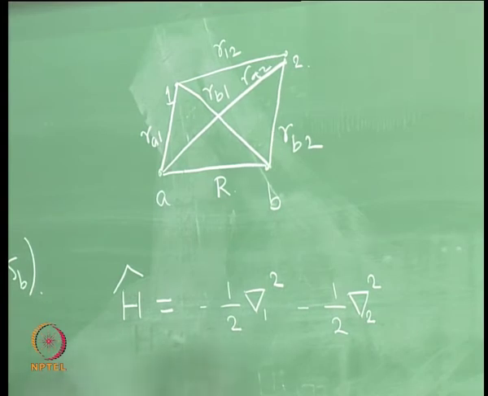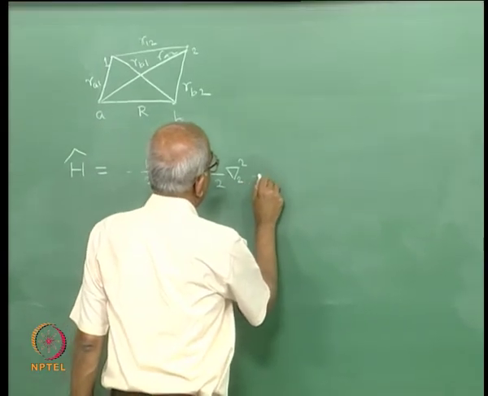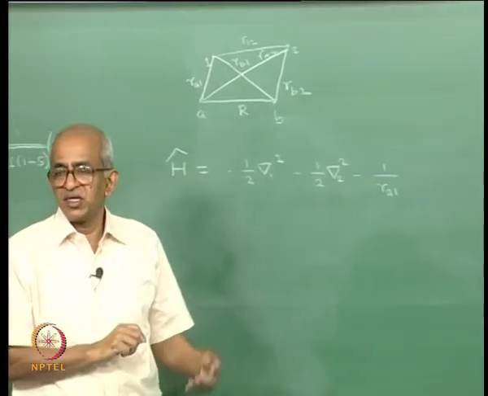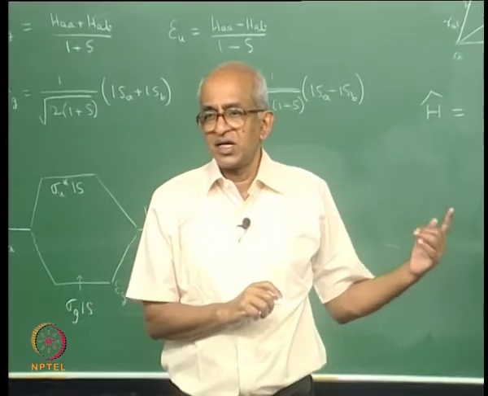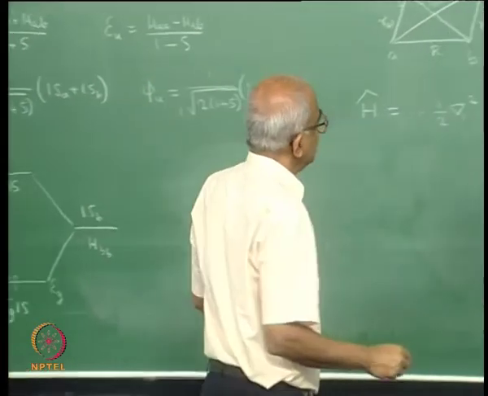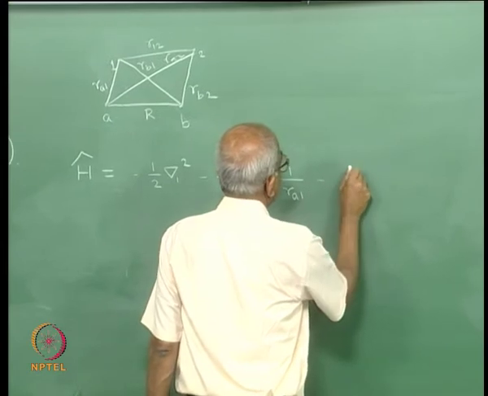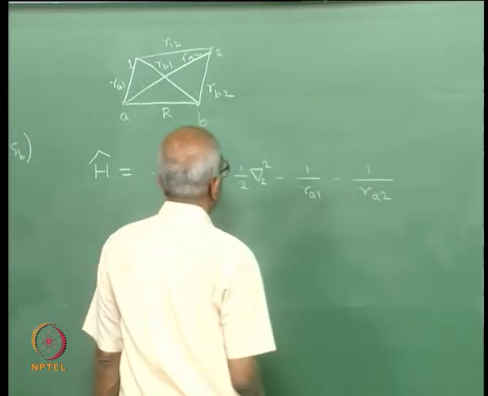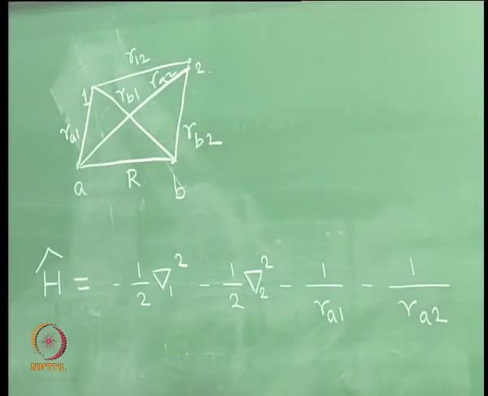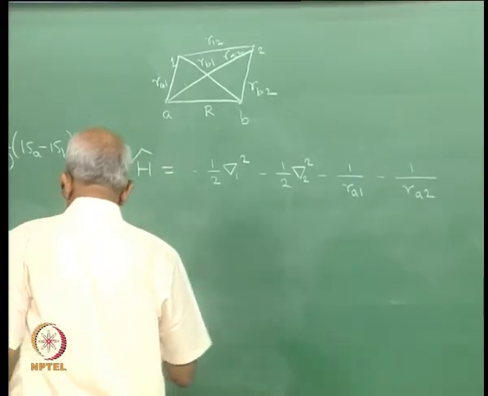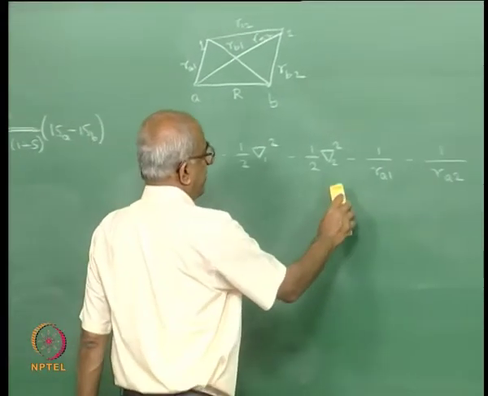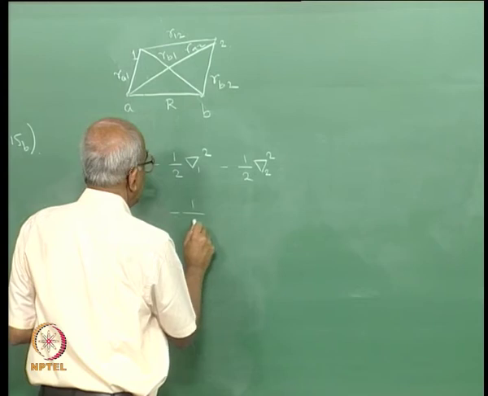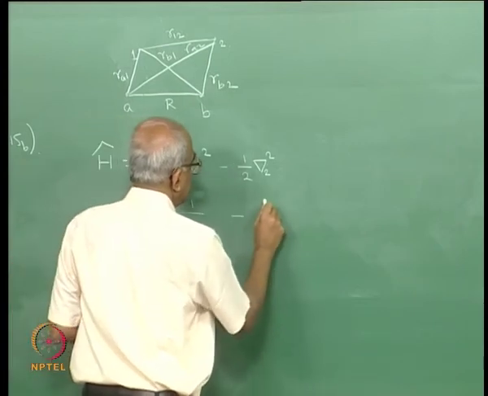And if you wanted to write the potential energy of the system, what will happen? I will have minus 1 by RA1. Remember, this is in atomic units, that is why it looks nice and simple. This is the attractive interaction between electron 1 and the nucleus. Similarly, you have the attractive interaction between electron 2 and nucleus A. Maybe I will write the same set of terms in a slightly different fashion: minus 1 by RA1 minus 1 by RA2.